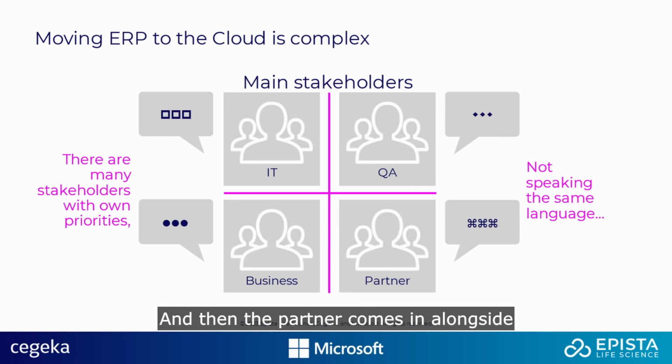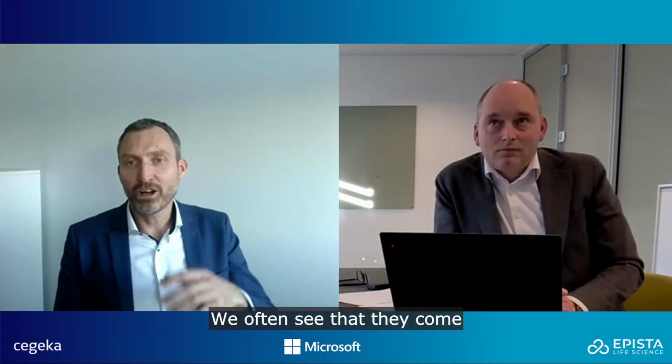And then the partner comes in alongside Microsoft or Cigica. And all of these 4 different stakeholders often come with different terminologies, at least different objectives, different goals for what they want to achieve with this, right?